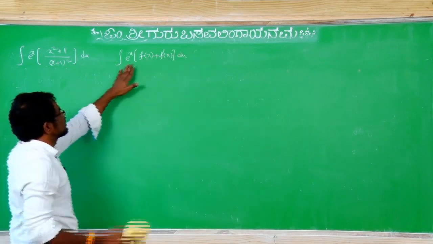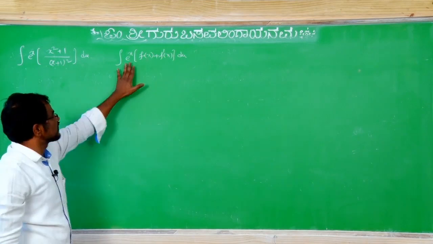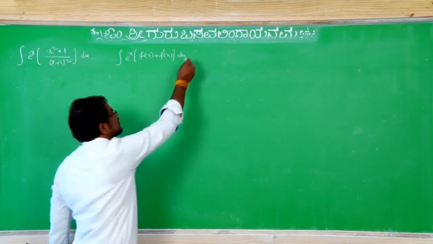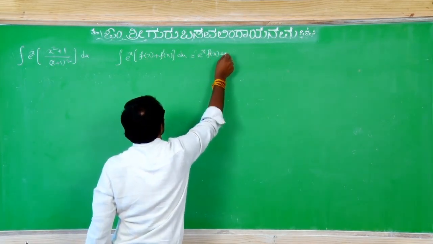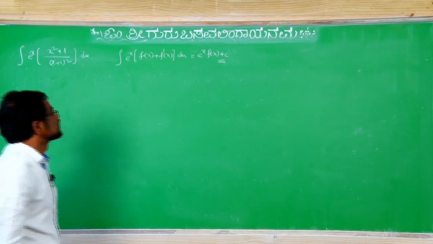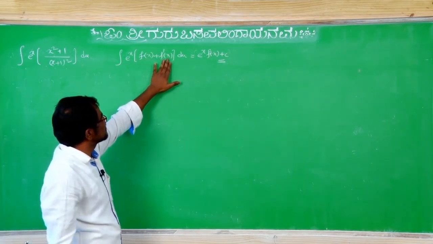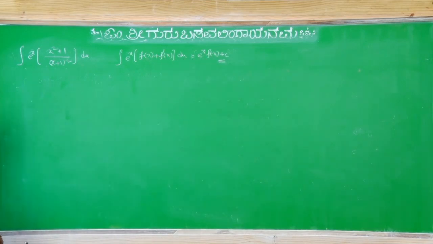If you separate e power x f of x, e power x f dash x, like the previous problem, for these two if you apply by parts they get cancelled. Finally what we will get, based on this one we did some problems also, e power x into f of x plus c, right. Whenever e power x into one function and differentiation of that function is there, then we have to write e power x into f of x plus c.